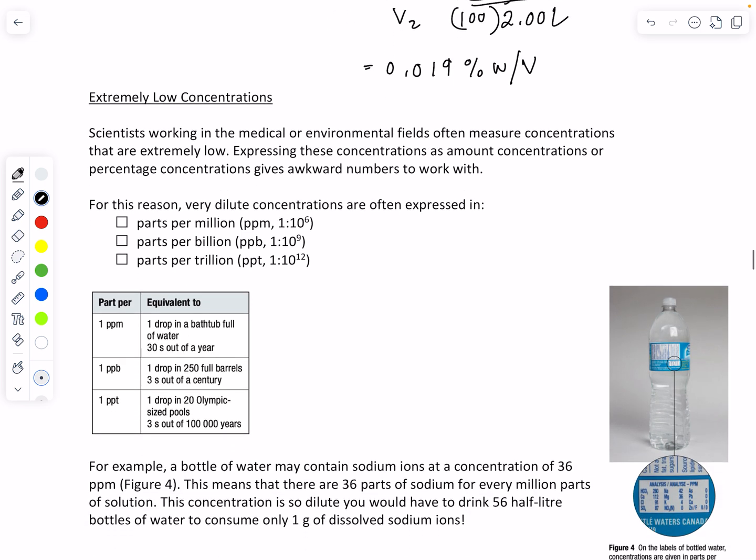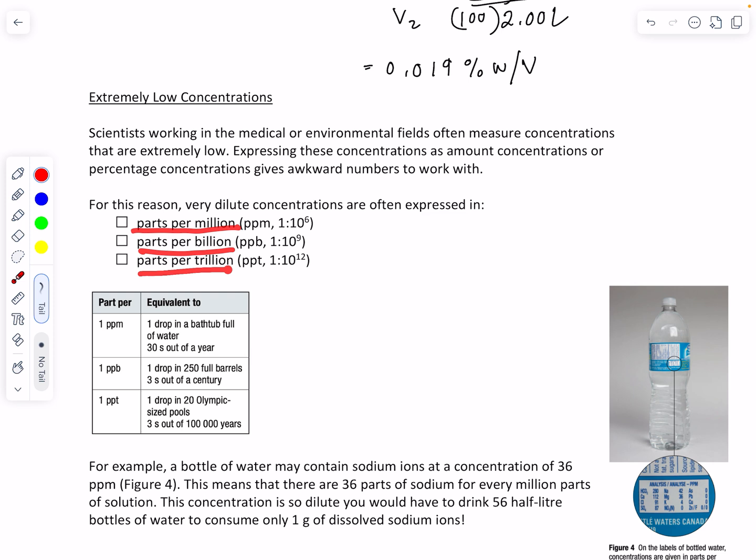Extremely low concentrations are found with scientists working in the medical or environmental fields, and if they expressed these concentrations as amount concentrations or percent concentrations, that would give them very awkward numbers to work with. So for this reason, very dilute concentrations are often expressed in either parts per million, parts per billion, or parts per trillion.